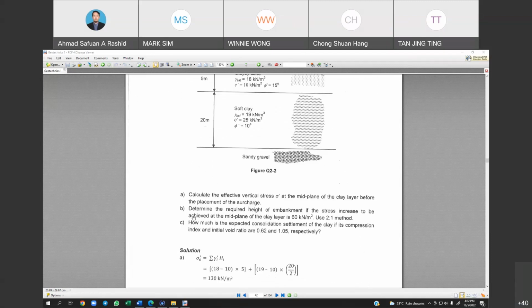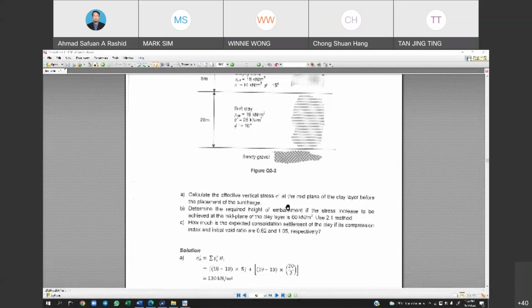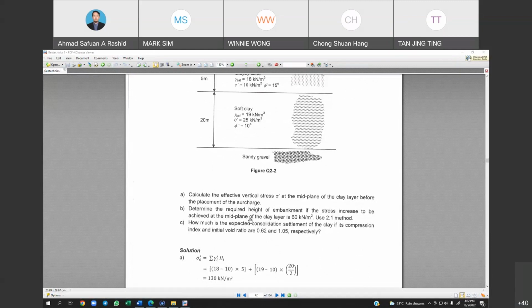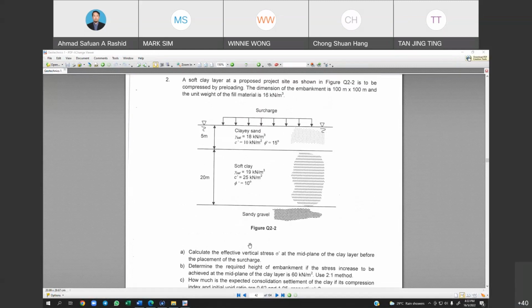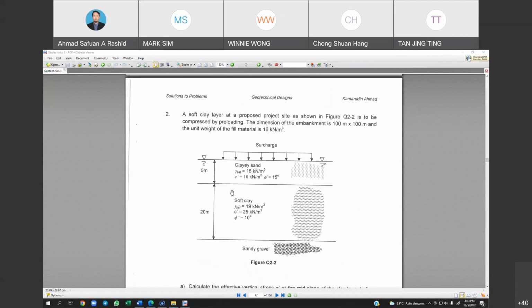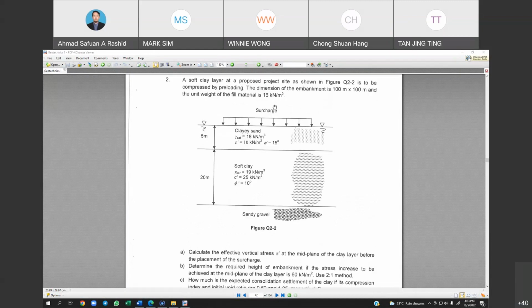B. Determine the required height of the embankment if the stress increase to be achieved at the midplane of the clay layer is 60 kilonewton per meter square. Use the 2 to 1 method. We need to know the height of the surcharge.